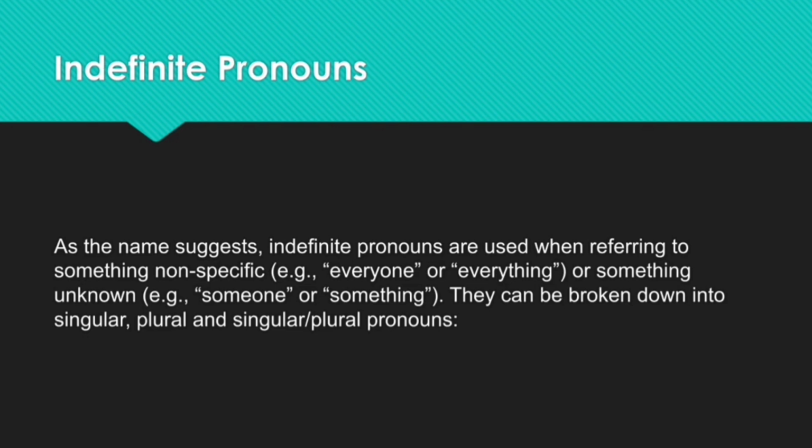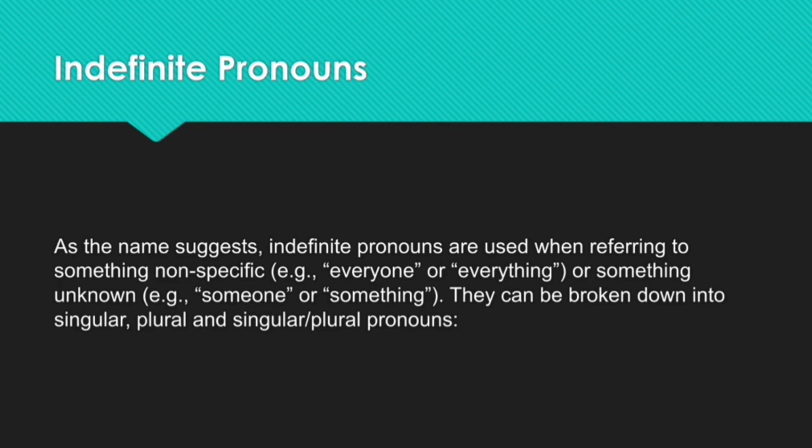Look, in reciprocal pronoun, we use mom and dad. It means they are specific persons, right? We know this one is my mom, this one is my dad, or me and my brother. They are specific. But in indefinite pronouns, it is about referring to something non-specific.